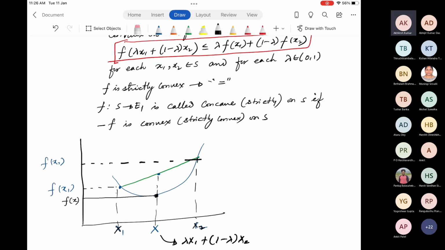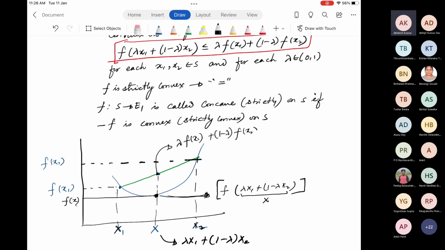Now the functional value for this point is f of x, which is f of lambda x1 plus 1 minus lambda x2. What it's saying is that the functional evaluation of the convex combination of 2 points will always be less than or equal to the convex combination of the functional values, which is lambda f x1 plus 1 minus lambda f x2. Does it make sense?